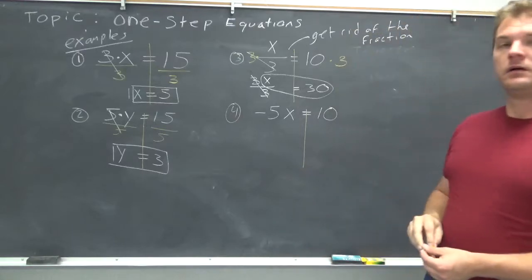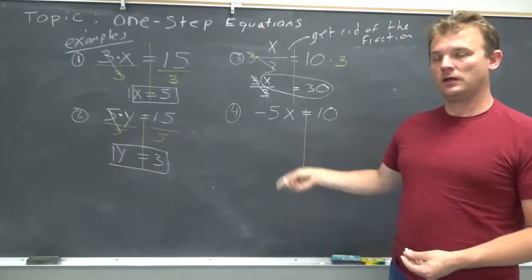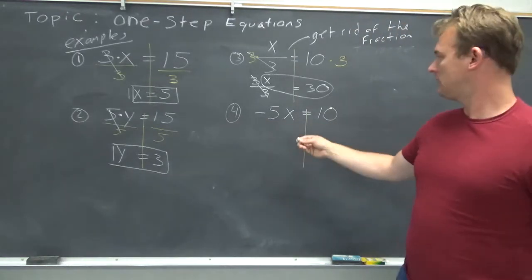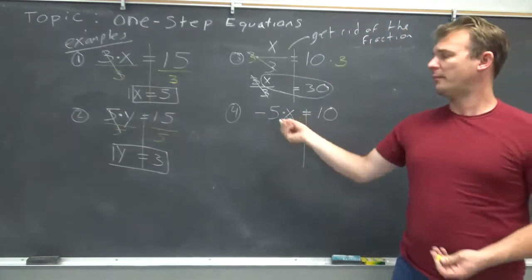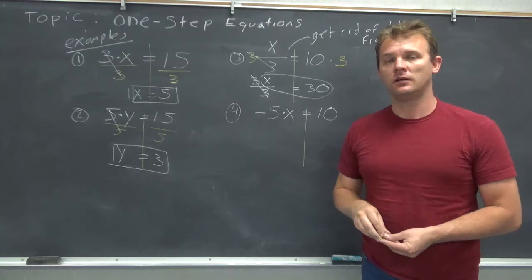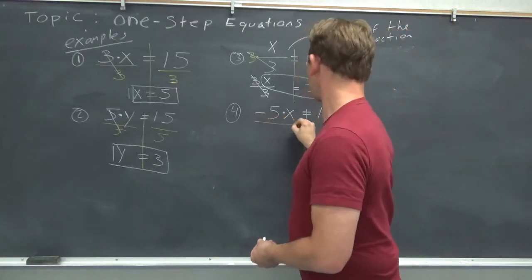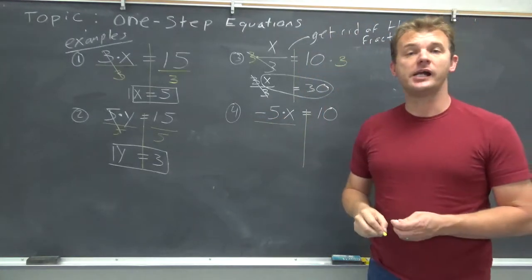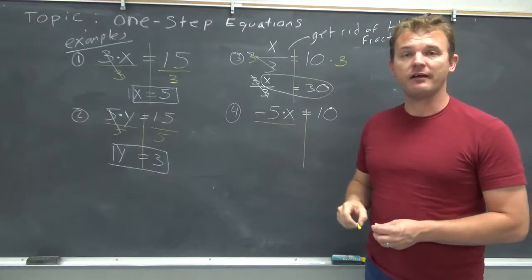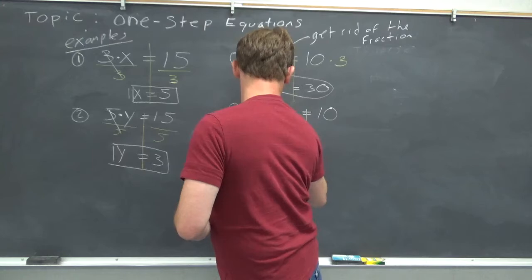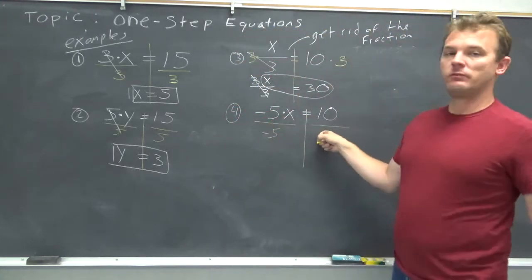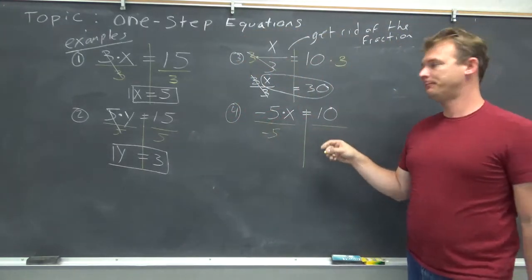So now, here you go. What is this going to do? This is a negative. But what if I put a little multiplication there? What's the opposite of multiplication? Division. What are we going to divide by to get rid of negative 5? You're going to divide by negative 5. But remember, we've got to be fair. We've got to go to the other side.